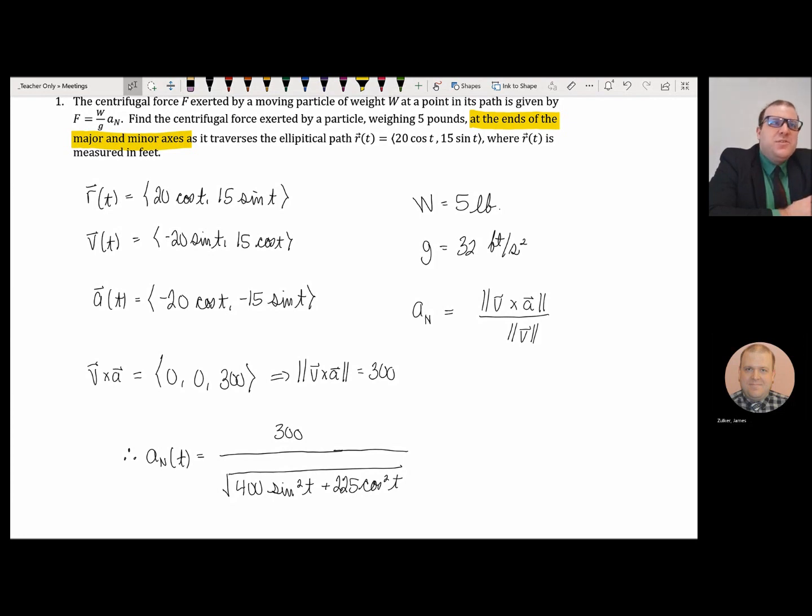So we want the endpoints, the semi-majors. Aren't the angles 0 and pi the endpoints on the x-axis?